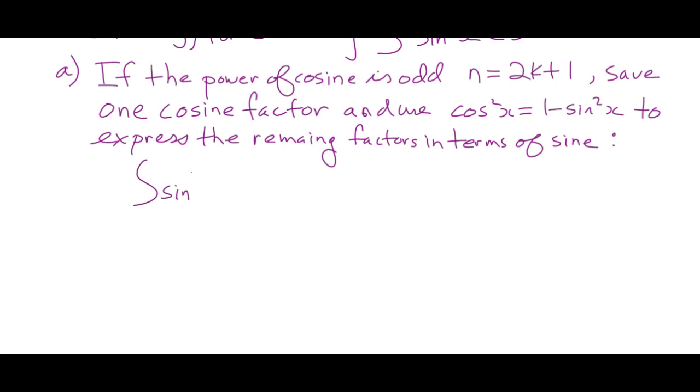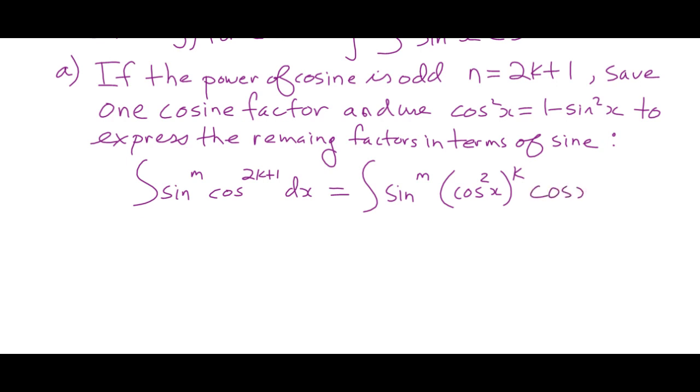The integral of sine to the m x, cos to the 2k plus 1 x dx, is equal to the integral of sine to the m x times cos squared x to the power k, which is cos to the 2k, times cos x dx.